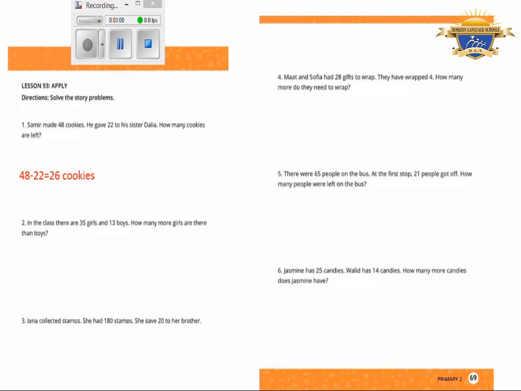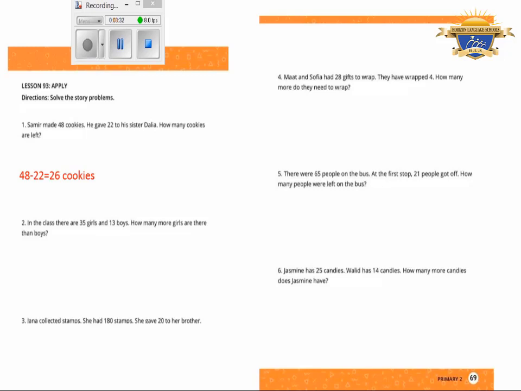Okay, problem number 2: in the class there are 35 girls and 13 boys. How many more girls are there than boys? Let's search for the word that gives me a clue that I should make a subtraction problem.